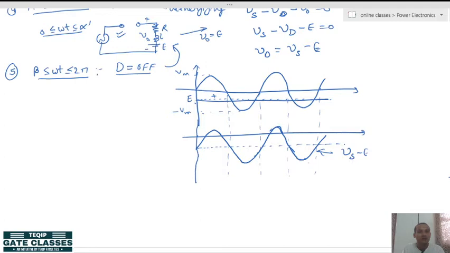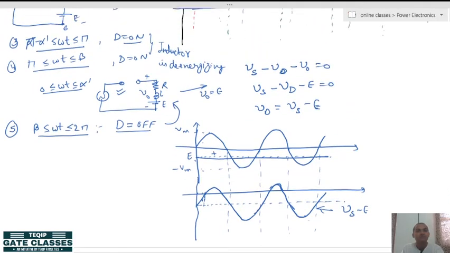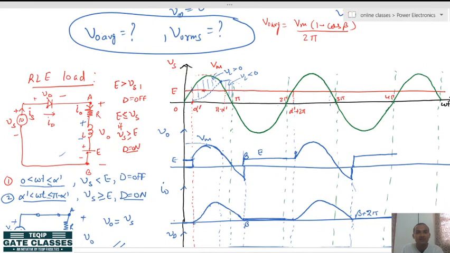Alright, but in our case, we have observed that till the alpha dash point, let's say this is my alpha dash point. Why this alpha dash point? Because when E becomes equal to the source voltage, the net voltage across the diode is 0.